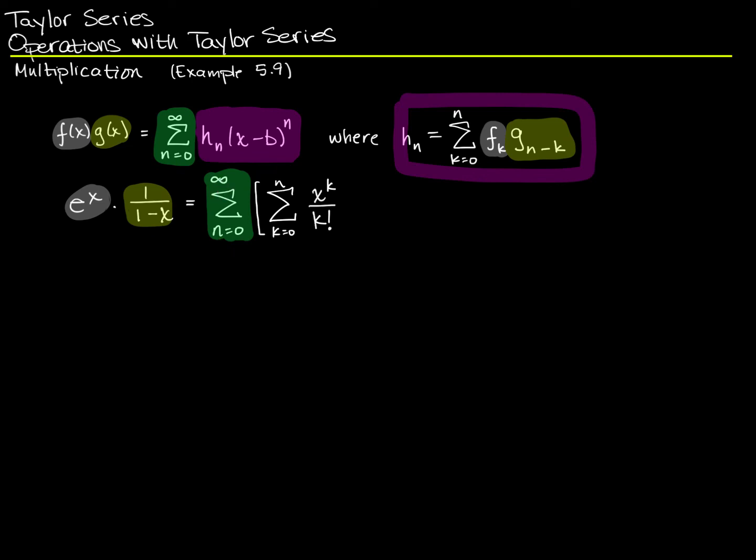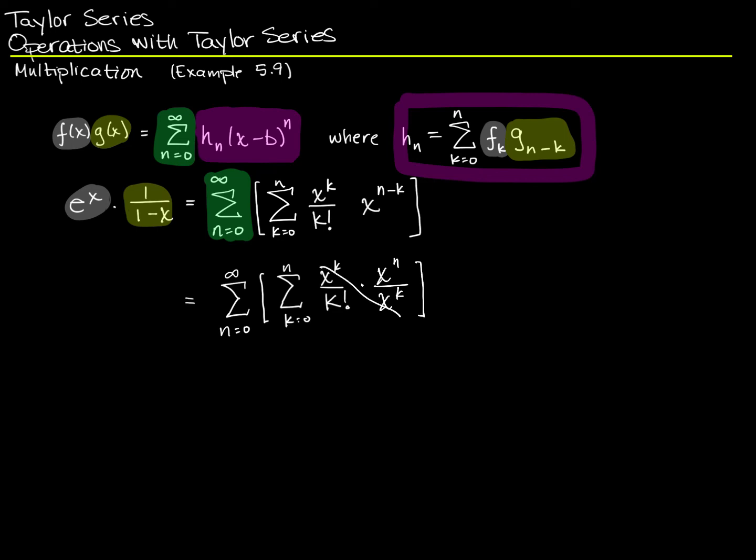So I'll write the summation for the function g, which is just x to the index. And here we're using the index n minus k. So it's to the power of the index. I'll have n minus k here. And that is one way to write this. But the other piece to consider is that in this case, I have x to the k and x to the n minus k, which I could write as x to the n over x to the k, and then these cancel.